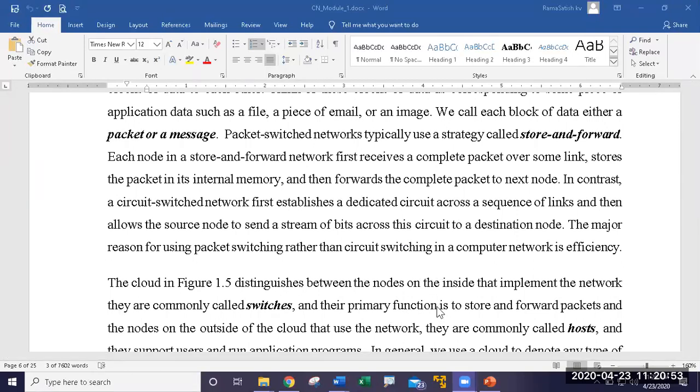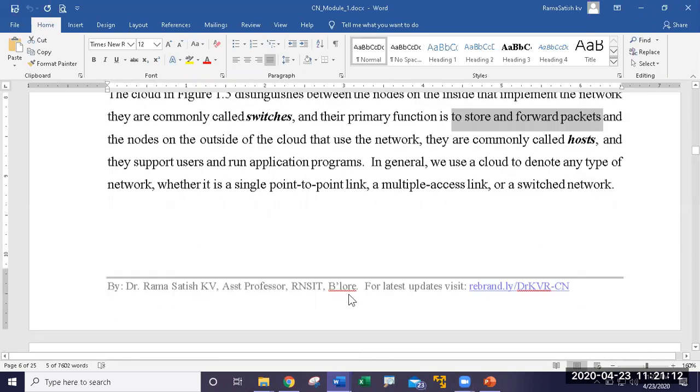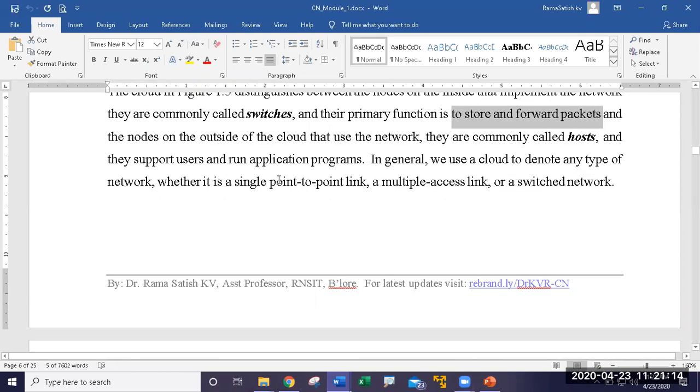A switch is an interconnection of many networks, and the primary function of a switch is to store and forward packets or frames. You can have point-to-point link switches or multi-access link switches.